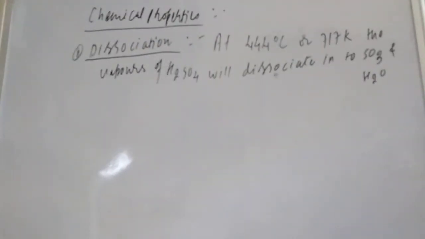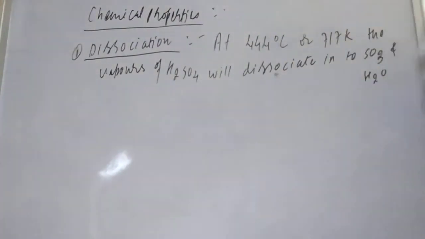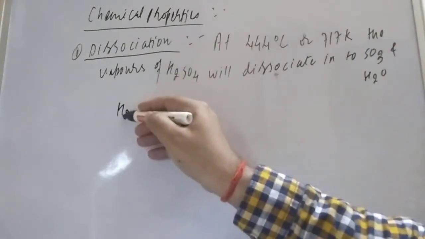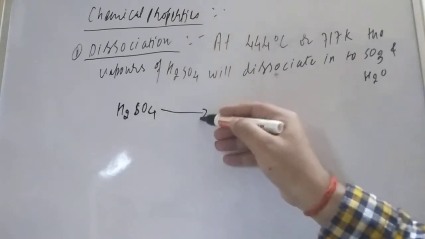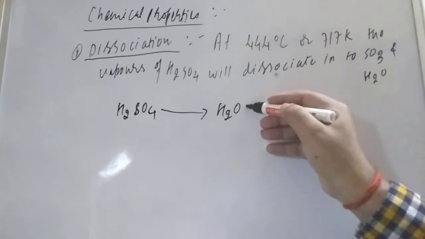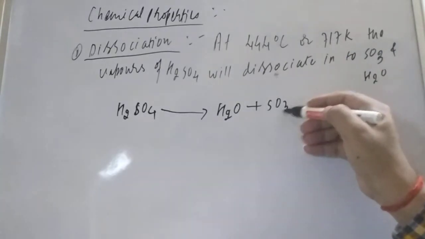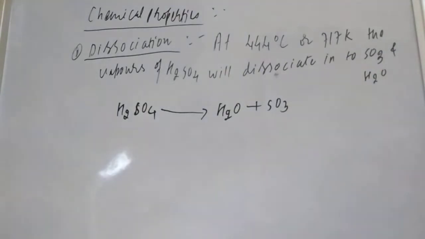So we write the equation, student. H2SO4 will give H2O plus sulfur trioxide, SO3.